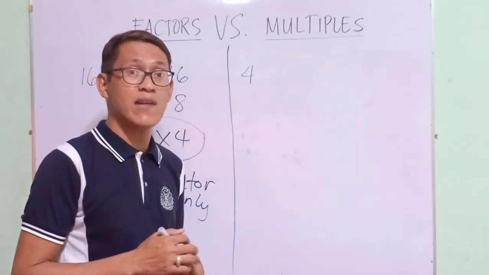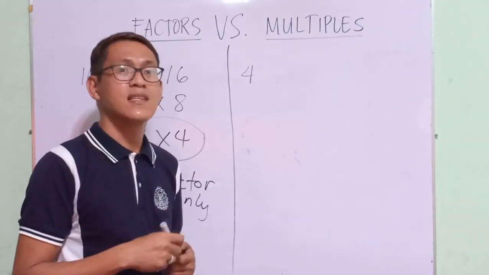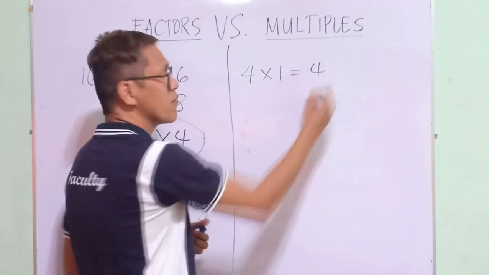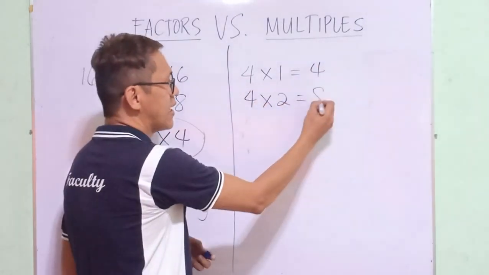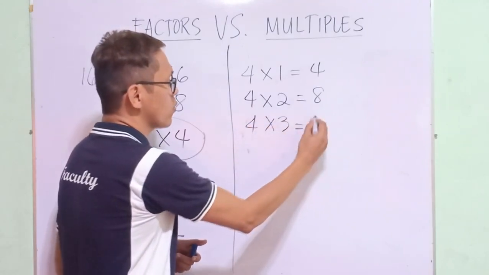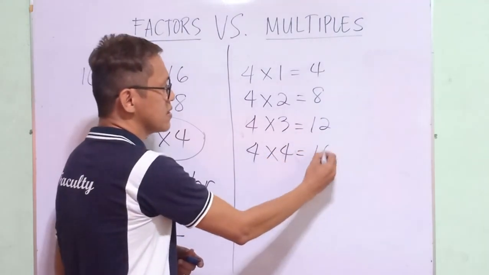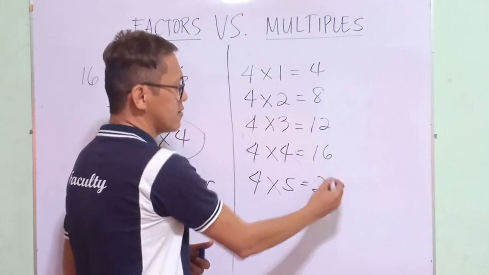So you have to start multiplying it by 1, by 2, by 3, and so on. Let's start multiplying 4 by 1. You get 4. Multiply 4 by 2, you get 8. Multiply 4 by 3, you get 12. Multiply 4 by 4, you get 16. And 4 by 5, you get 20.